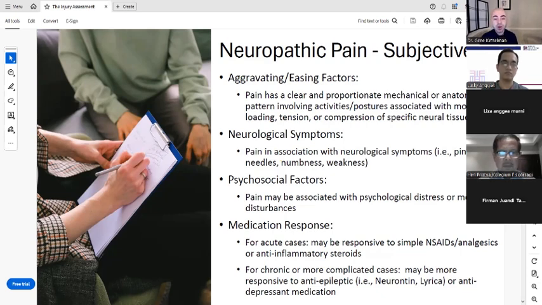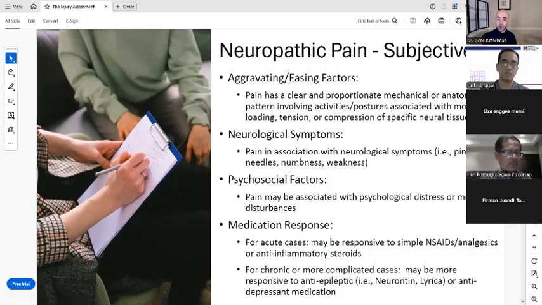All right, so then we move on to psychosocial factors. In these conditions, the pain may be associated with psychological distress or mood disturbances. So sometimes it is, sometimes it's not, but you want to be aware that it can be. For medication responses, for more acute cases, they may be responsive to simple non-steroidal anti-inflammatories or also anti-inflammatory steroids, like getting cortisone injections into their spine, things like that.